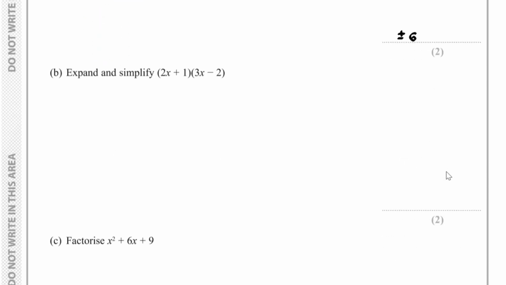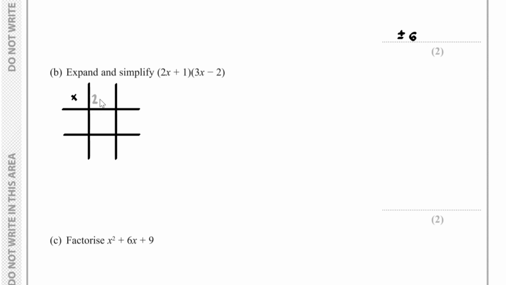For part B, we have to expand and simplify 2x plus 1 multiplied by 3x minus 2. So if we use the grid method, we've got the 2x, the 1, the 3x, and the minus 2, as we see here. And if I multiply 3x times 2x is 6x squared, 3x times 1 is 3x, 2x times minus 2, that's minus 4x, and minus 2 times 1 is minus 2.